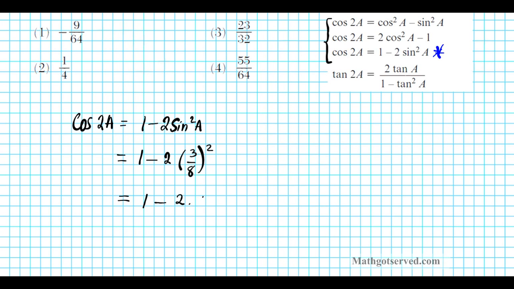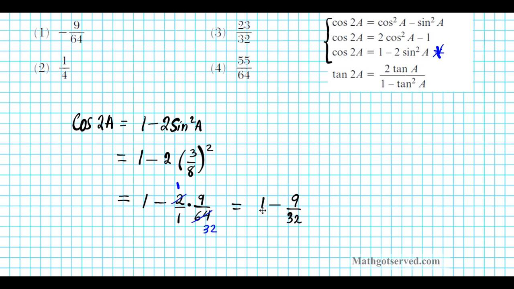Okay, so that yields 9 over 64 times 2 over 1. You can reduce this by dividing by 2. 2 goes into 2 one time, 2 goes into 64 thirty-two times. Multiply across, you have 1 minus 9 times 1 over 1 times 32, so 9 over 32.